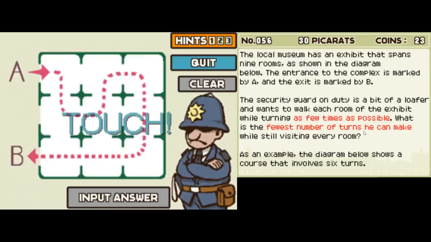The entrance to the complex is marked by A, and the exit is marked by B. The security guard on duty is a bit of a loafer and wants to walk each room of the exhibit while turning as few times as possible. What is the fewest number of turns he can make while still visiting every room? As an example, the diagram below shows a course that involves 6 turns.